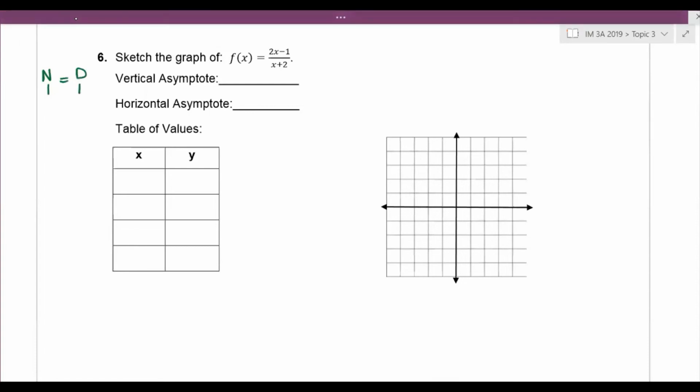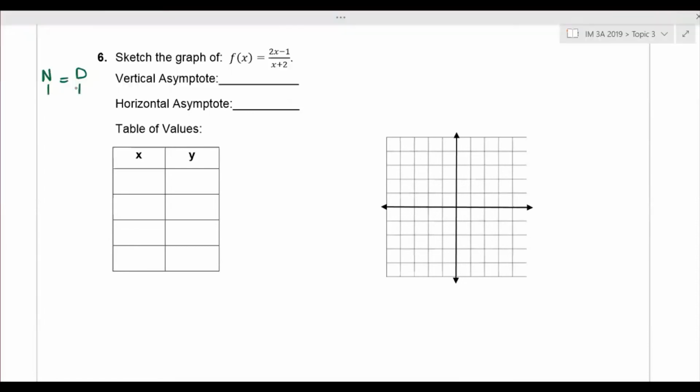And so because the degrees are equal, we're looking at the leading coefficient. And so the leading coefficient of the numerator is a 2. So y equals 2 over the leading coefficient of the denominator is a 1. So y equals 2 over 1 means that our answer here is y equals 2.